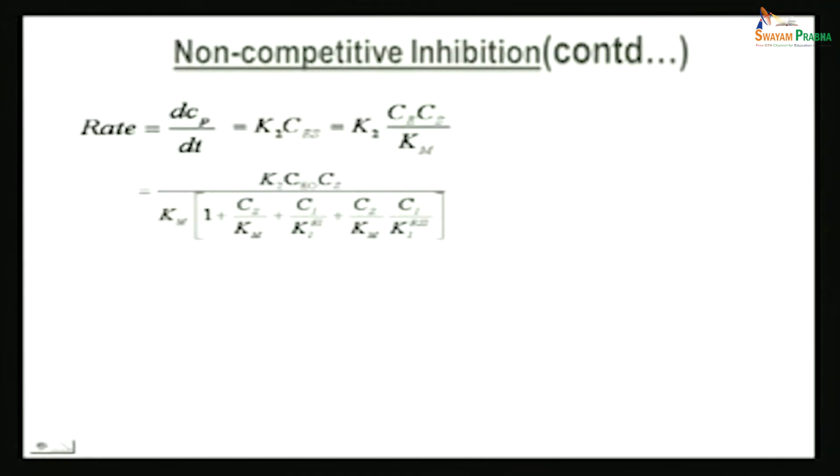The rate is given on the screen. What I want you to do is rearrange it so that it looks like a Michaelis-Menten form, or try to at least.